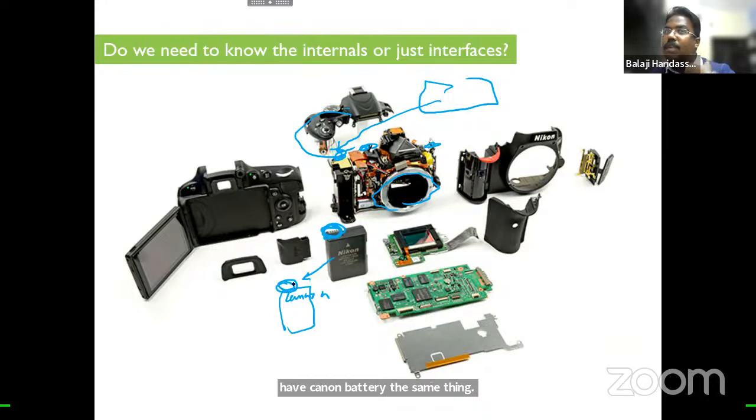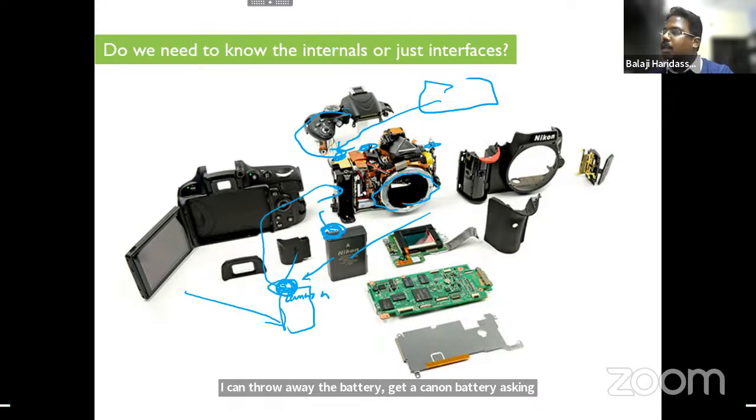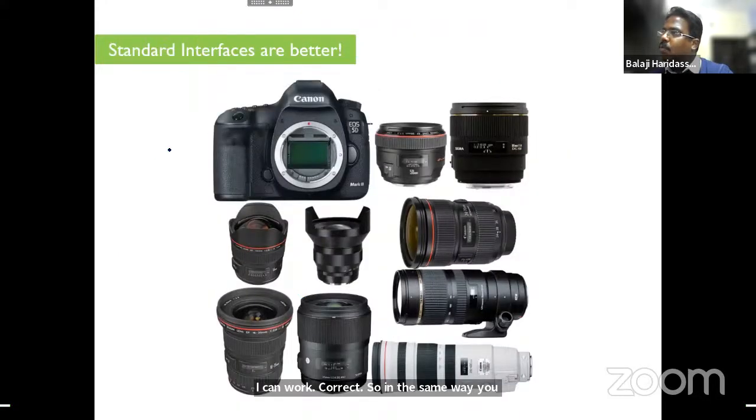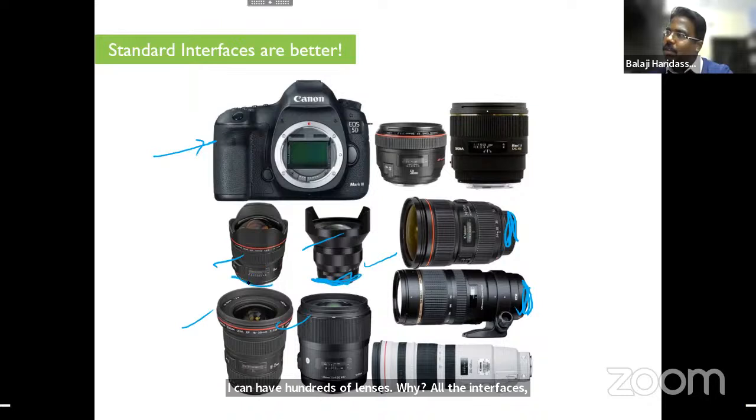I always have the flexibility to choose a better algorithm when my interface is there. I can throw away the Nikon battery, get a Canon battery asking for the same interface, insert it into my camera, and it works. Correct? In the same way, you can see here, lens. I have only one hood. I can have hundreds of lenses. Why? All the connecting or calling interfaces, in software, are the same, compliant to this.